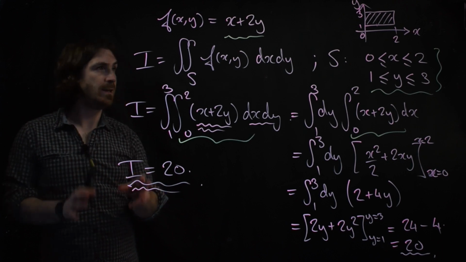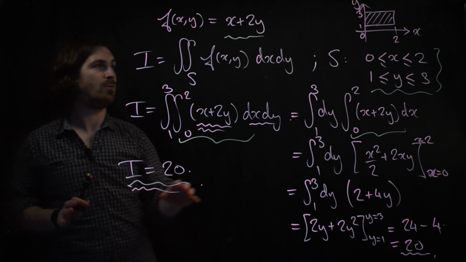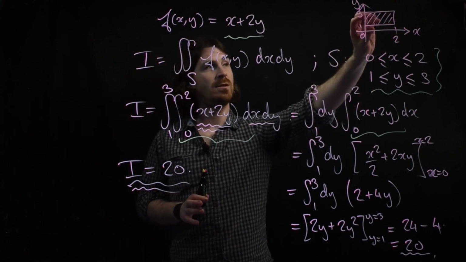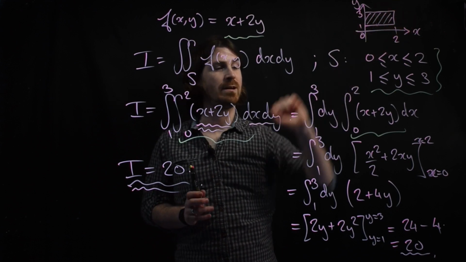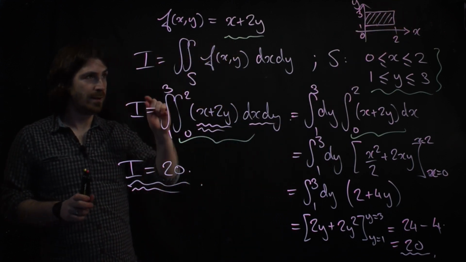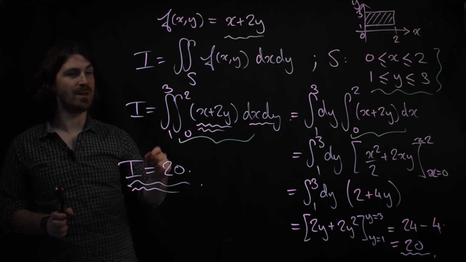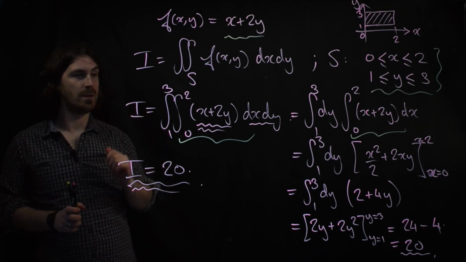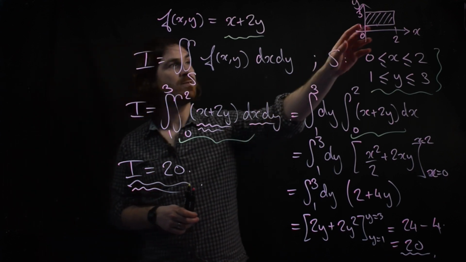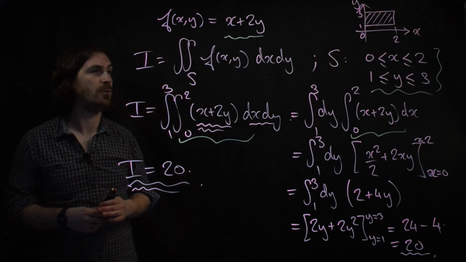All right, so that's an easier example where our region is straightforward and rectangular. But things become more difficult. We have to think about the limits in a more careful way once we have different types of regions.